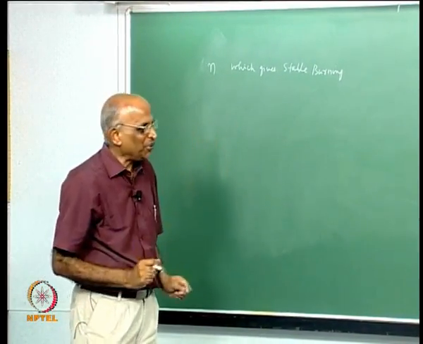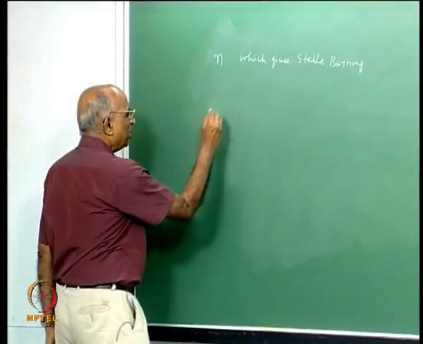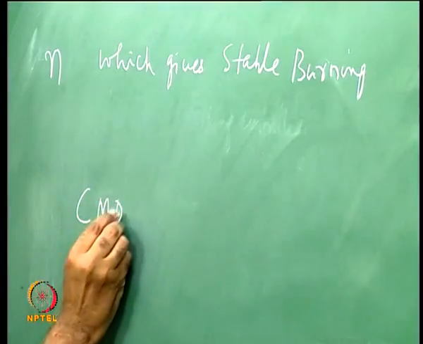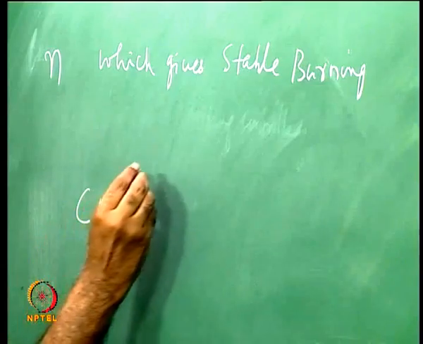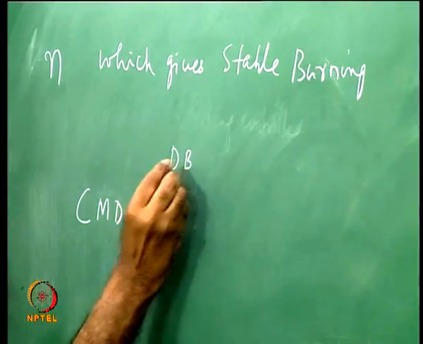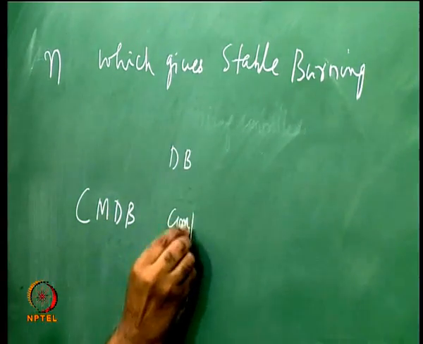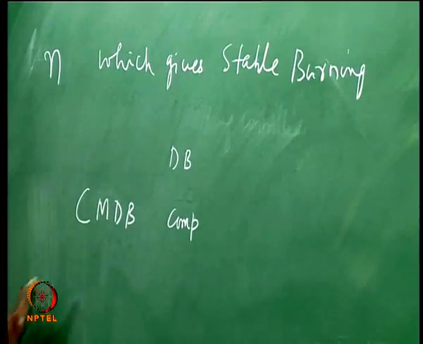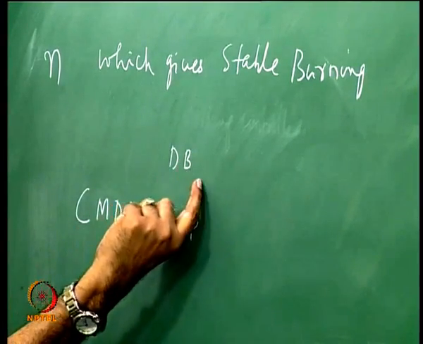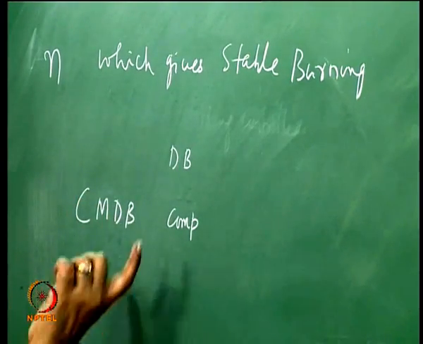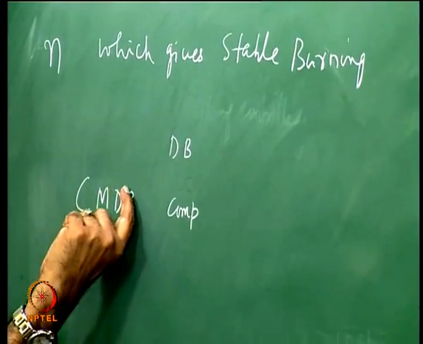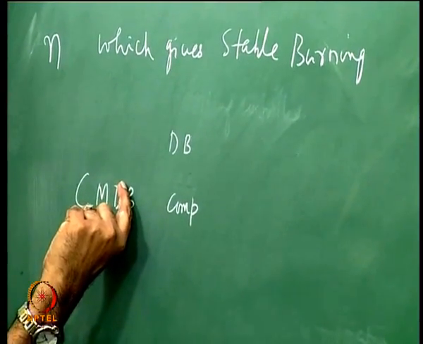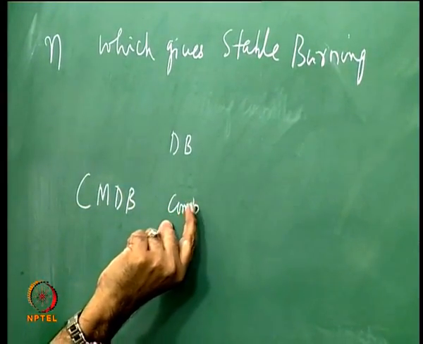Now if I were to question you before getting into this, what should be the burn rate law for a composite modified double base? I know the burn rate law for a double base, I know the value for a composite. We can say composite modified double base should incorporate both these features and give something like an average of these two. In other words, composite modified double base will give a value of n which is slightly lower than for double base.